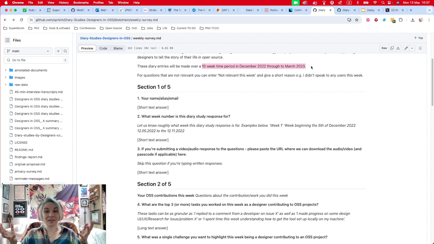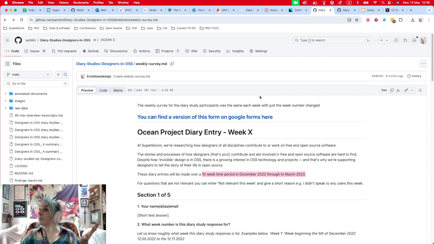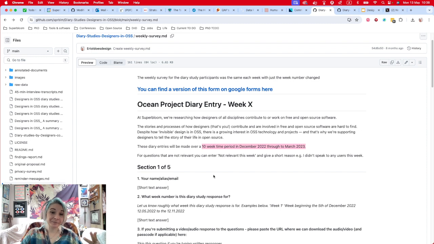But what we didn't want was to say that you absolutely have to do 10 weeks in a row, because life happens, and diary studies, as we've said multiple times, are quite a large time commitment. We anticipated that people would take anything from about 10 minutes to even half an hour, 40 minutes to complete this form, depending on how much text they wrote or how much response they had to a particular question.